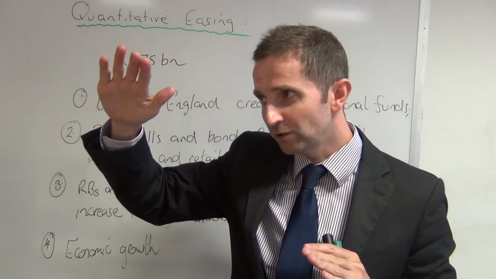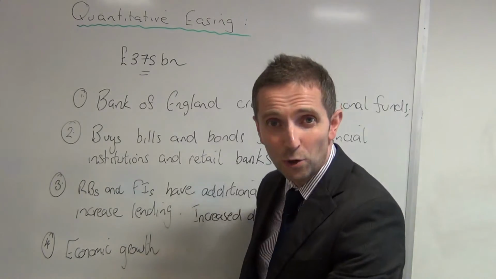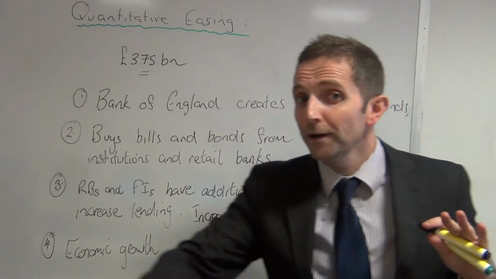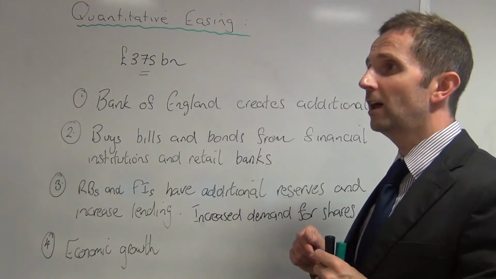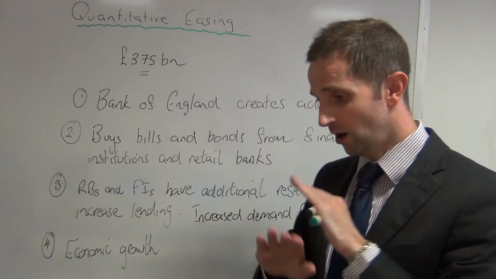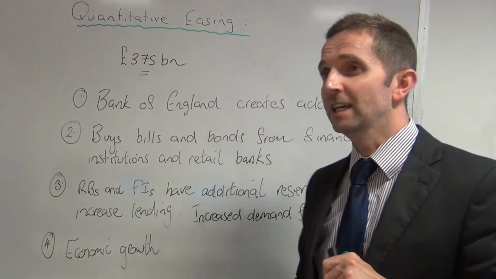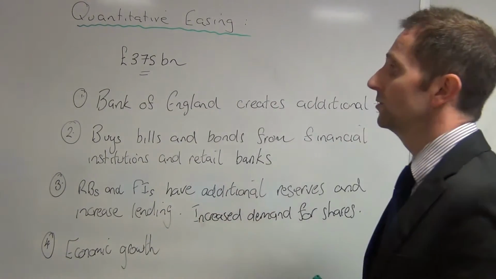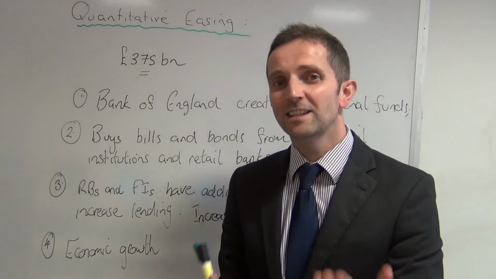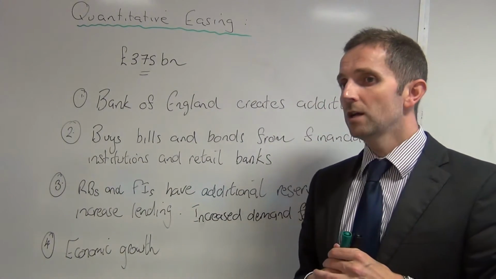The base rate fell dramatically over about 6 to 7 months from 5% down to 0.5%, where it has remained for the last number of years, indeed the longest period of 0.5%, the lowest base rate in history actually.